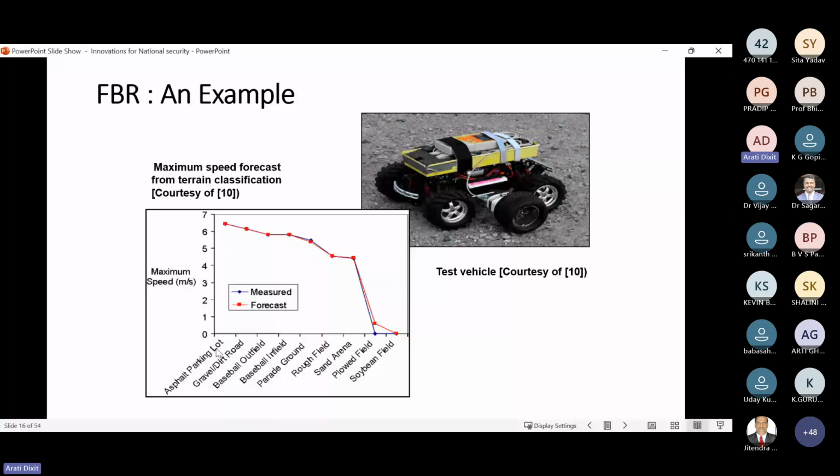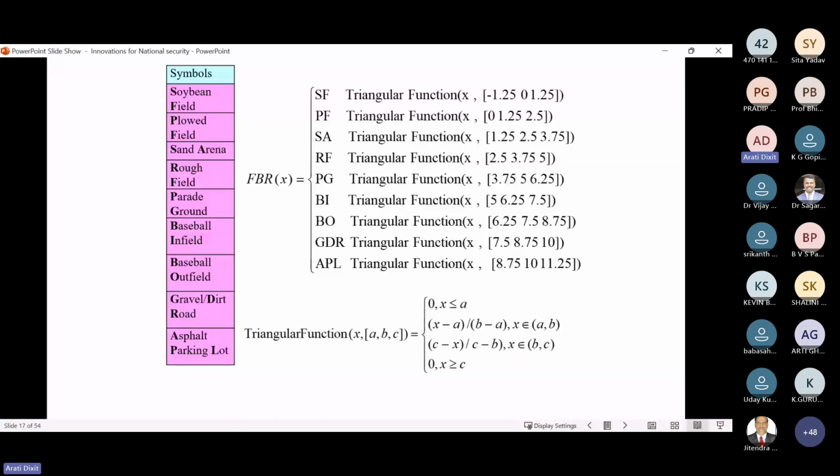Say plowed field and soybean field. So obviously the speed of this vehicle is going to reduce, as you see here, from the asphalt parking lot to the soybean field where we have completely agricultural land. And this was experimented and evaluated using the fuzzy model.